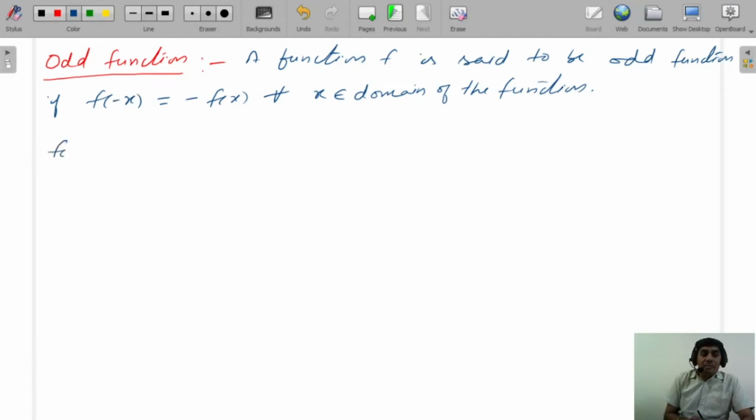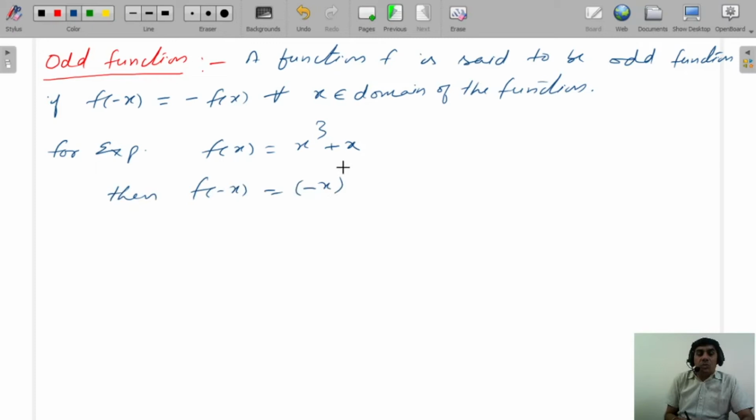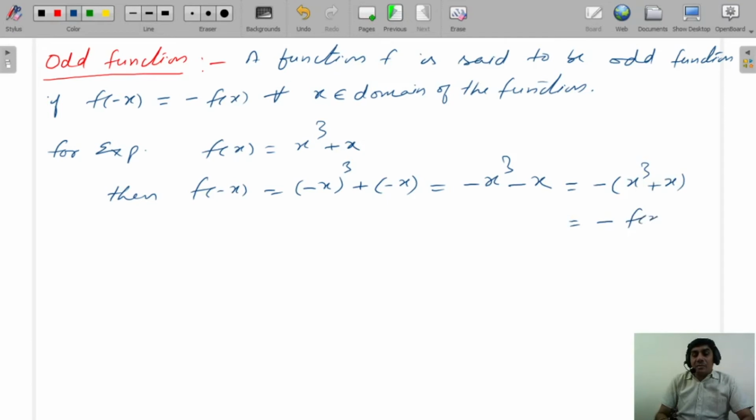For example, f of x is equal to x cube plus x, then f of minus x is equal to minus x whole cube plus minus x, which is equal to minus x cube minus x, equal to minus x cube plus x, equal to minus f of x.